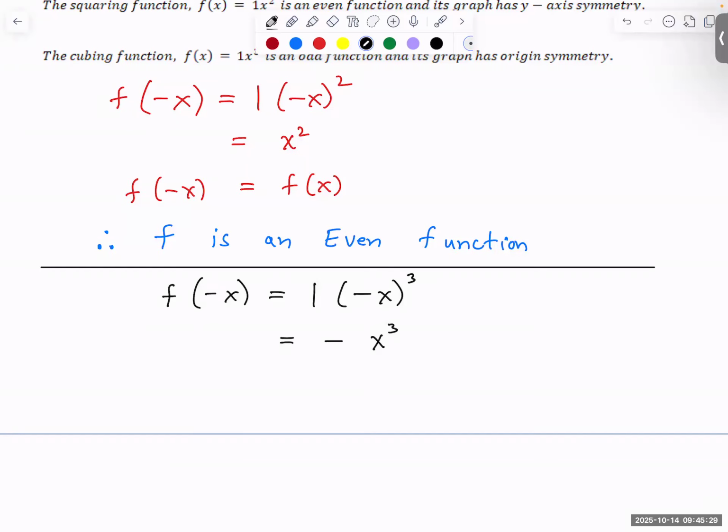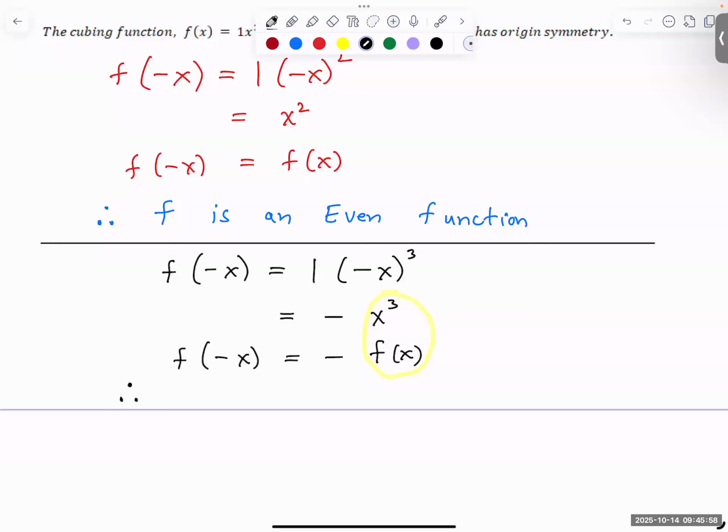And x cubed is equal to f of x. So if we substitute f of x for x cubed, this does show that the definition of an odd function is satisfied, meaning f of negative x is the opposite of f of x.